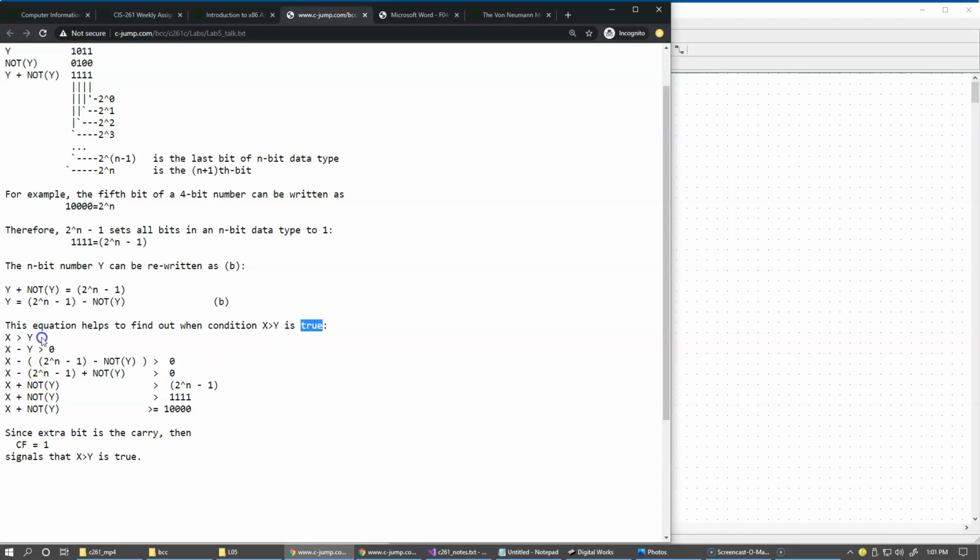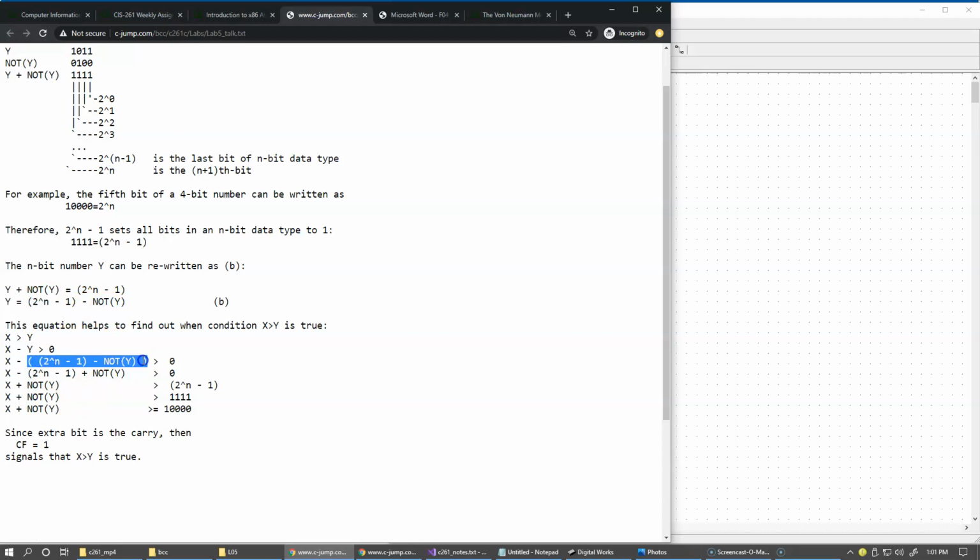Say that we start with this comparison, of course x minus y greater than 0. Then we replace y with this equivalent, because we already figured out what it could be rewritten as.